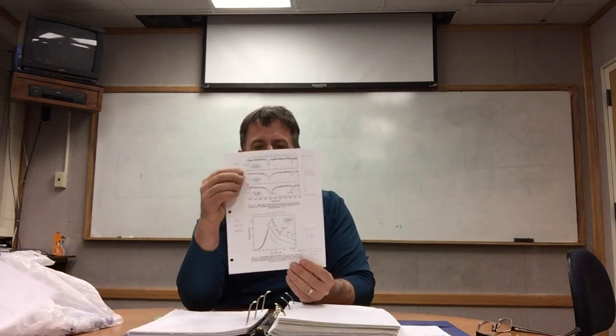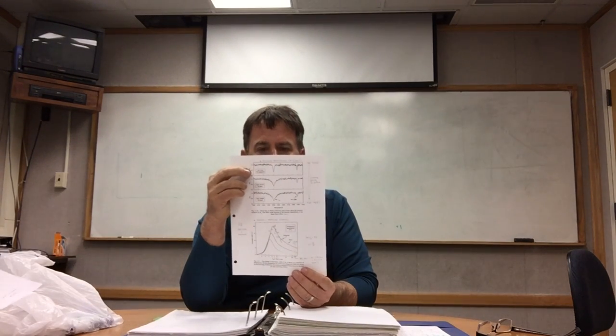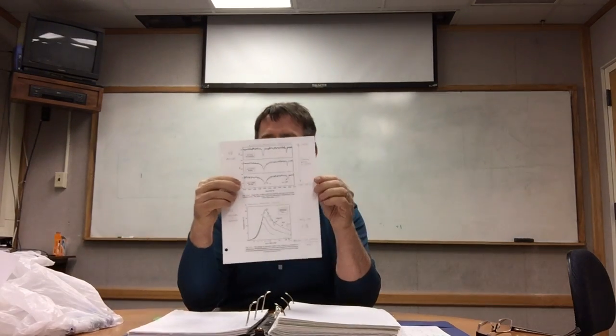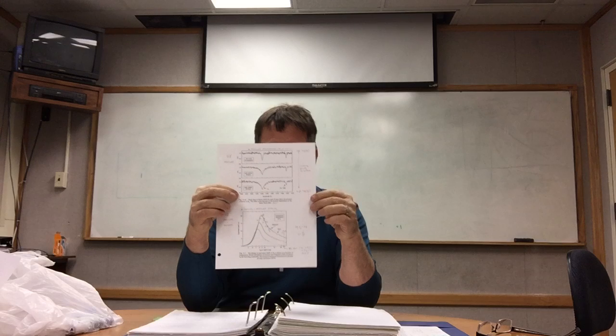These notes then describe the important regimes for each of these types of broadening, and then here's an example of an H-gamma line going from a giant star to a main sequence star, I believe, a B3 star, showing the broadening.